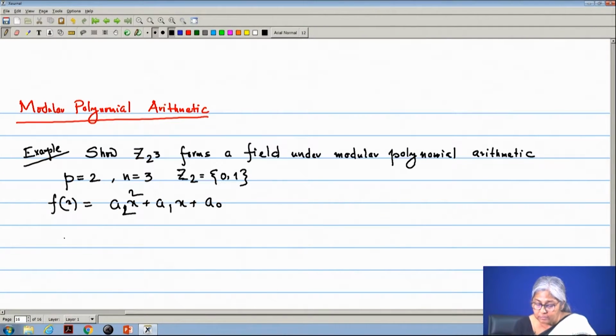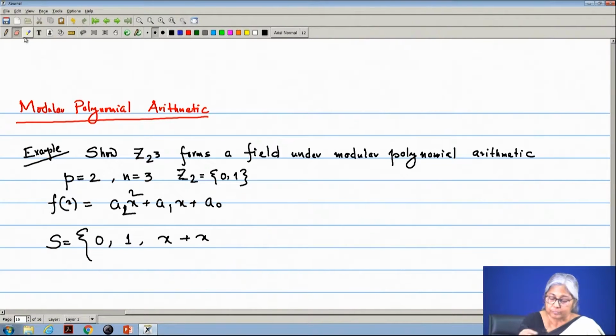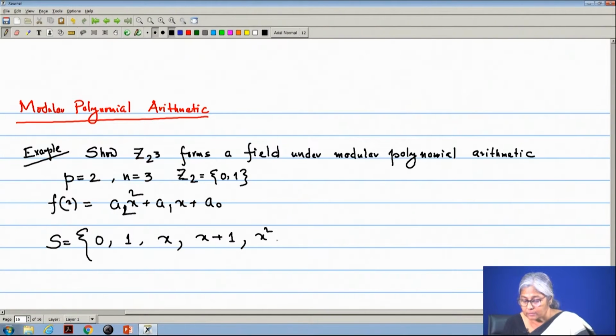If I consider the set of polynomials S equal to 0, 1, then x, x plus 1, then x square, x square plus 1, x square plus x.